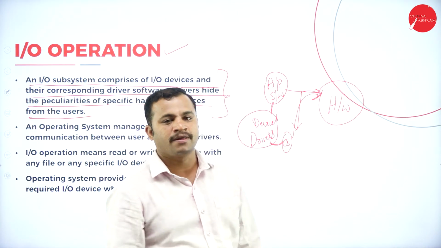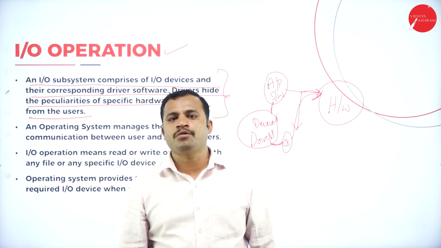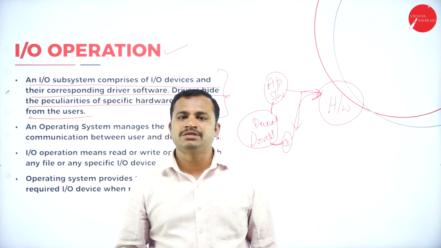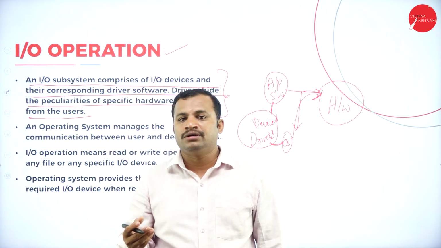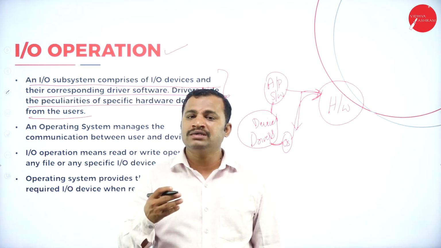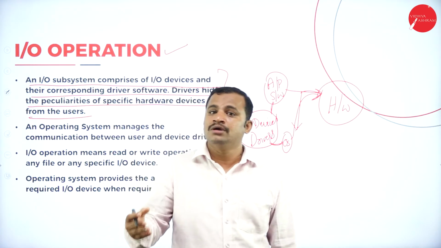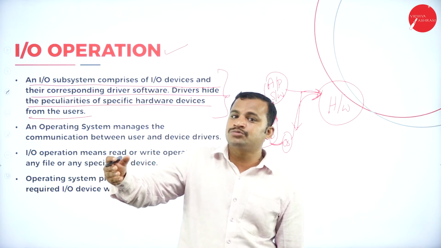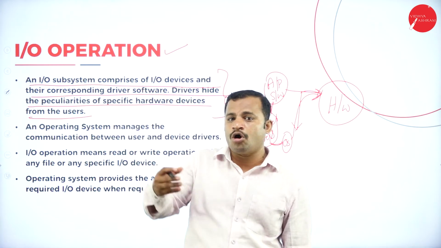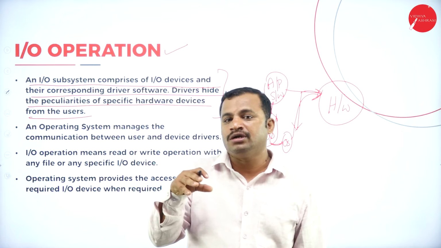If that is the case, suppose I want to install a printer on my laptop or desktop computer, then I must have installed that particular printer software, also called device driver software. That device driver software interacts with the operating system, which in turn interacts with hardware devices. That means the operating system is going to handle and manage all those device drivers.